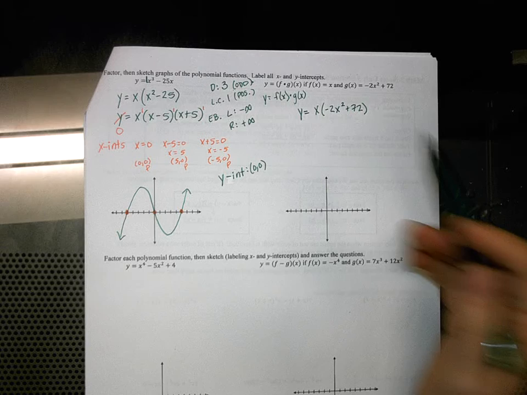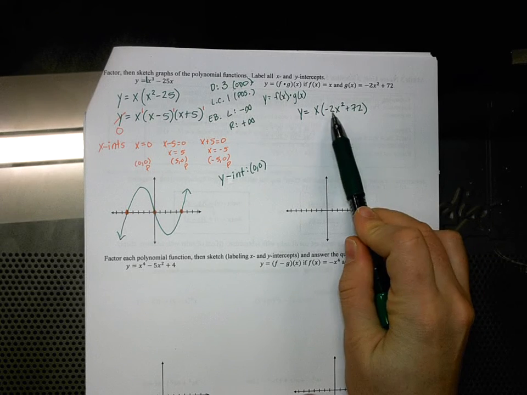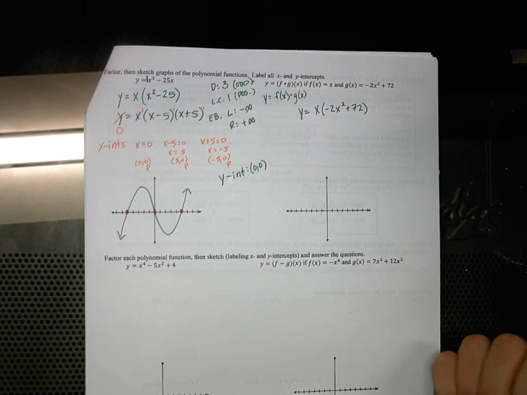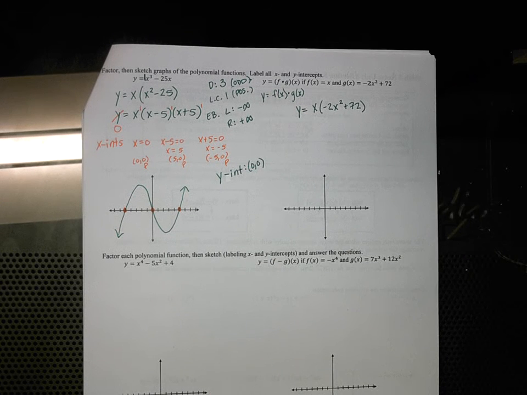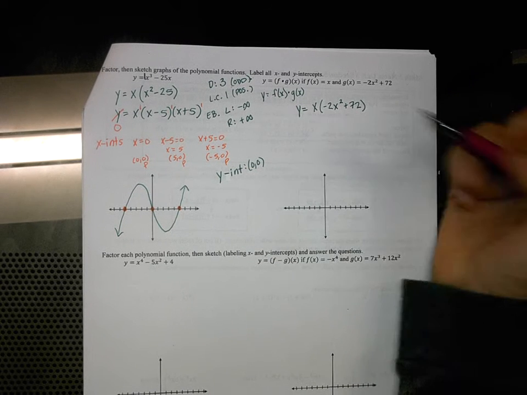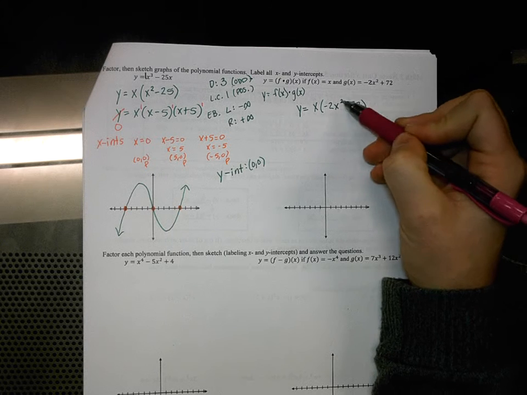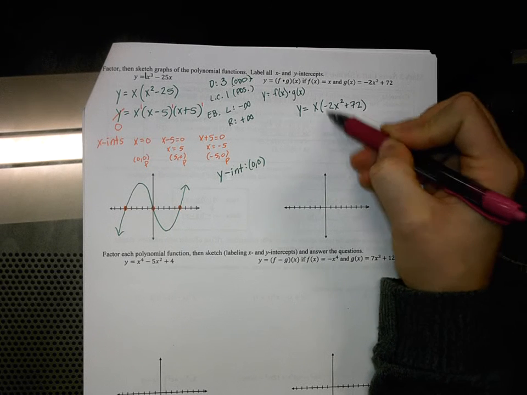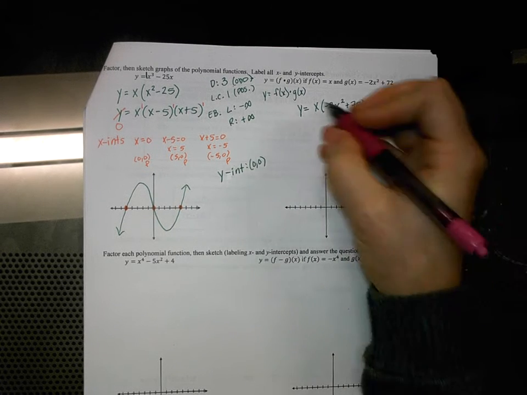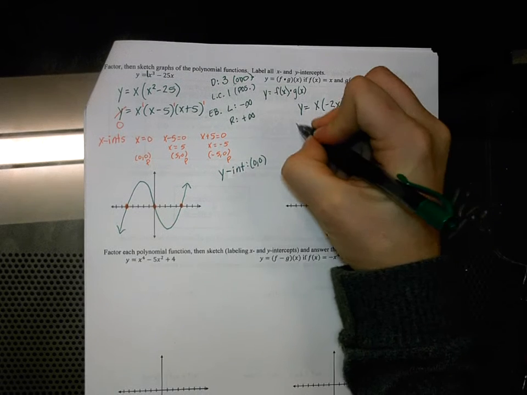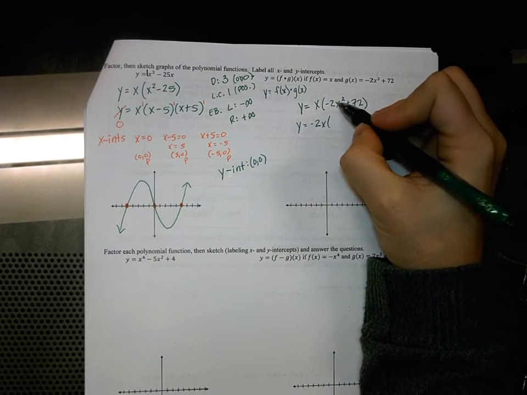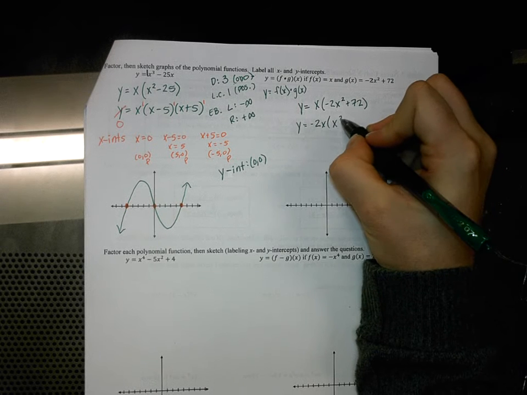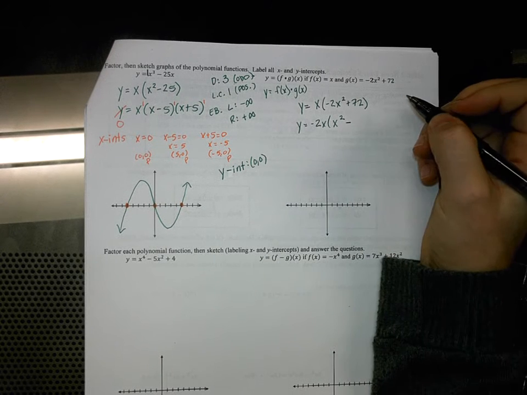So what's my greatest common factor between negative 2x squared and 72? 2. And even more than that, I'm going to pull out a negative 2 so that my leading coefficient is going to be positive inside the parentheses here. So I'm going to pull out a negative 2, which would change the sign of everything inside. So I'm left with x squared minus what?